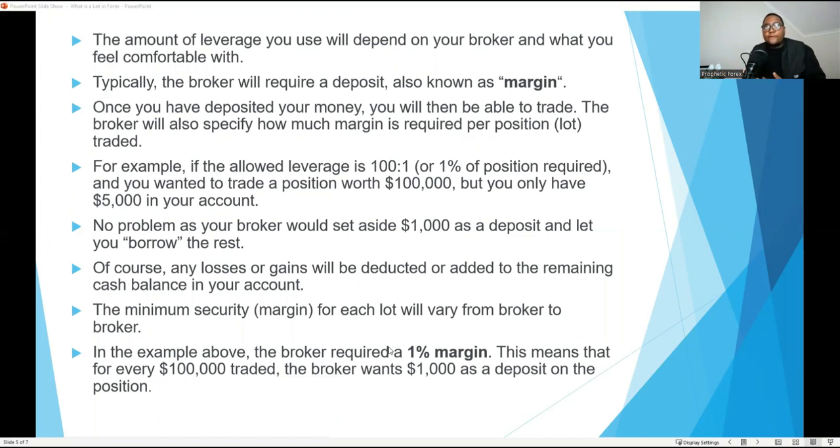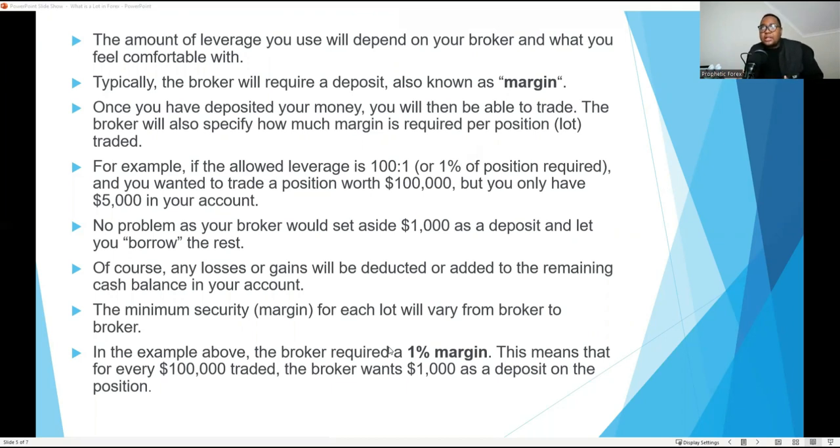The broker will specify how much margin is required per position or per lot traded. For example, if your leverage is 100:1, so 1% of your position is required, and you want to trade 100,000 worth, but you only have 5,000 in your account.